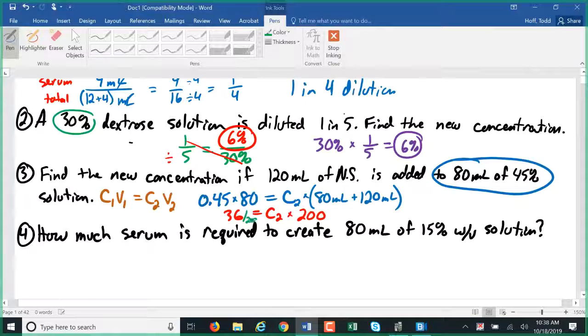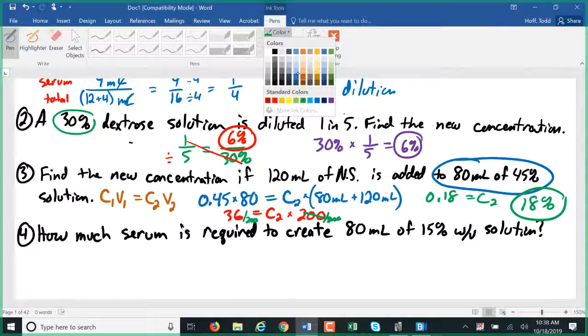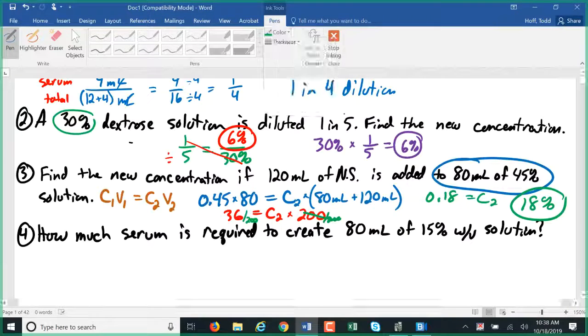Kind of running out of space here, but divide by the 200. 36 divided by 200 is 0.18. That is our new concentration. So we have to convert that 0.18 to a percent, 18%. Any questions there?